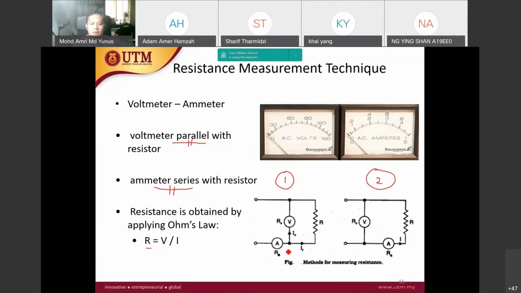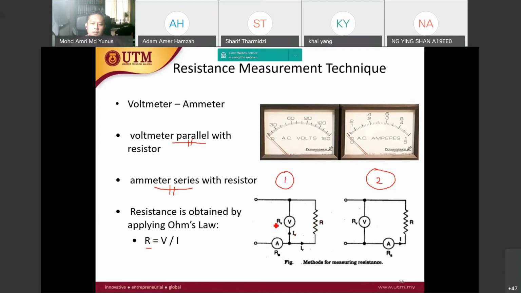For example, in the first connection, we put the voltmeter in parallel with the resistance, with nothing between them.